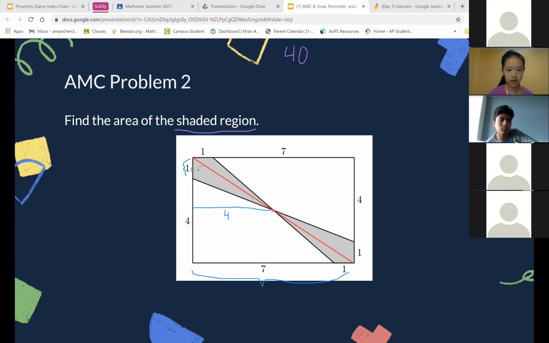Since it has a base of 1, the area of this triangle is 2. The same goes for this one, so it's also 2. This triangle over here is a little different. It still has a base of 1, but the height is half of this side, so 5/2. The area is 5/4, and the other one is also 5/4. Now we do 2 plus 2 plus 5/4 plus 5/4, which, as minus V said in chat, equals 6.5. Cool.